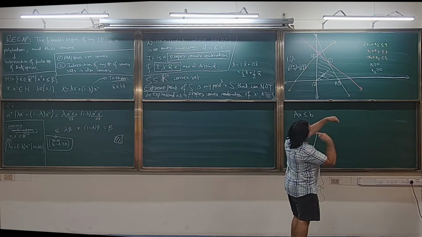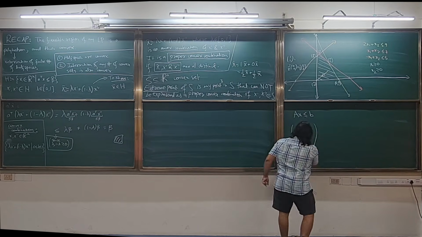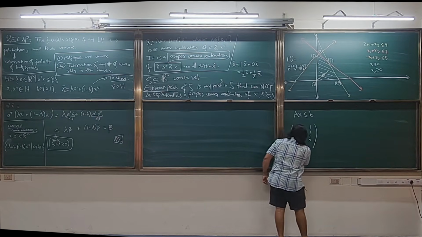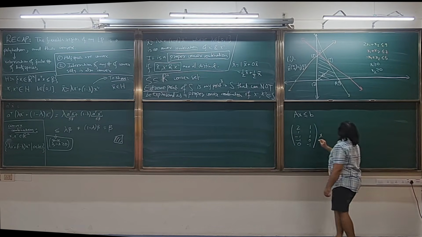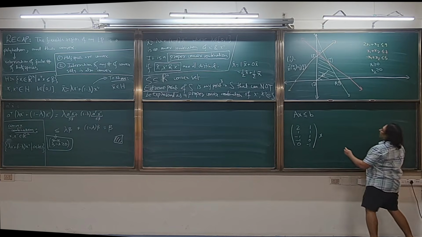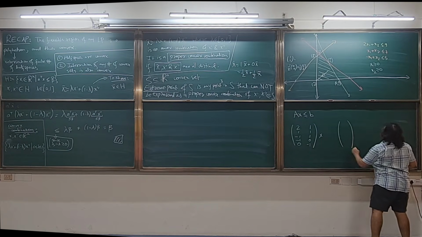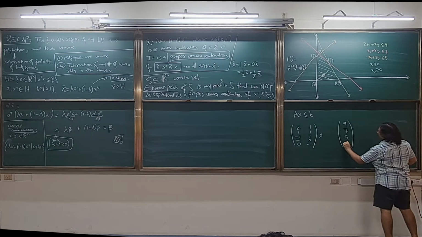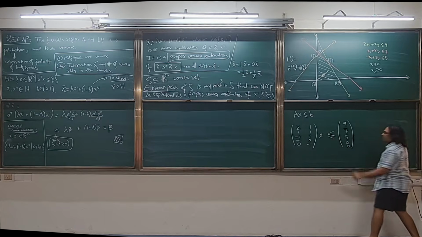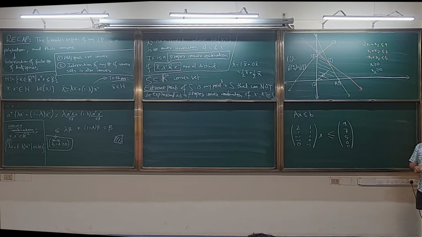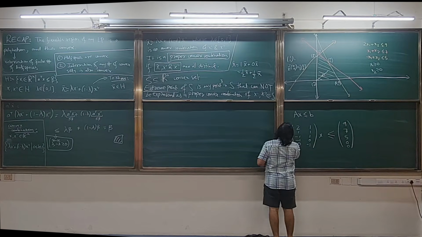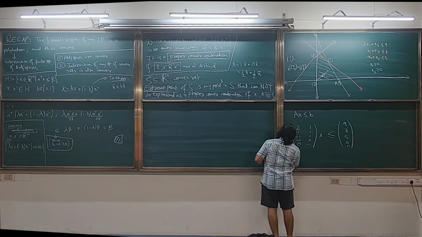Now this is minus x1 less than or equal to 0. So minus 1, 0, and minus x2 less than or equal to 0. So that's 0, minus 1. Times x, and let's write on the right hand side: 9, 7, 5, 0, 0. We have 5 constraints: 1, 2, 3, 4, and 5.